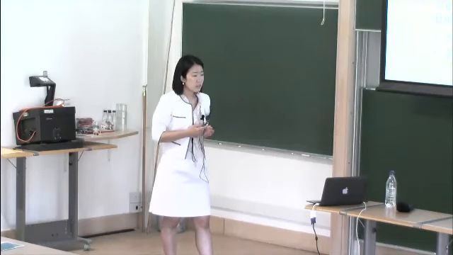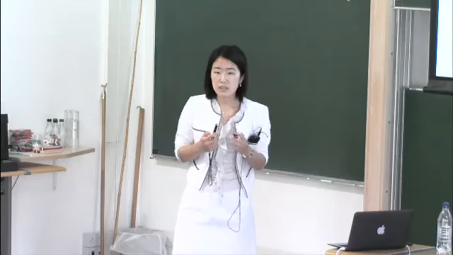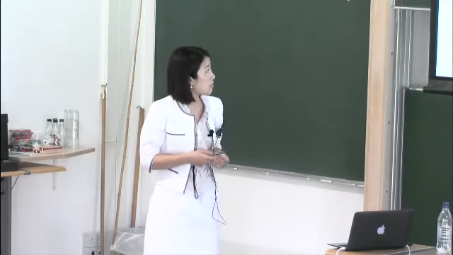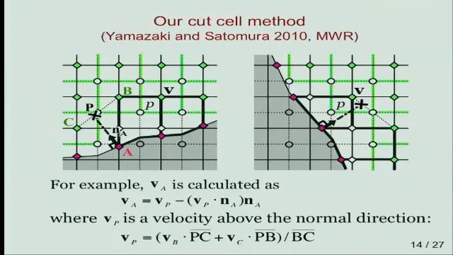And when the free slip boundary condition is imposed, the boundary velocity is calculated from the green point velocities surrounding the boundary point, so that the component of the velocity that is tangential to the surface is preserved. For example, in the case shown here, the boundary velocity VA is calculated using the unit normal vector NA, like this.